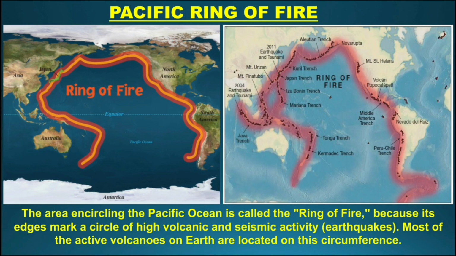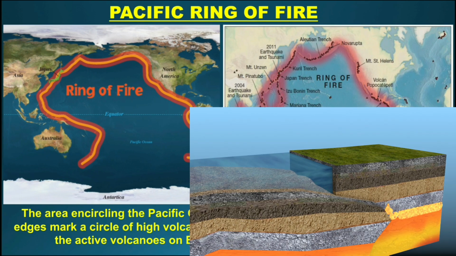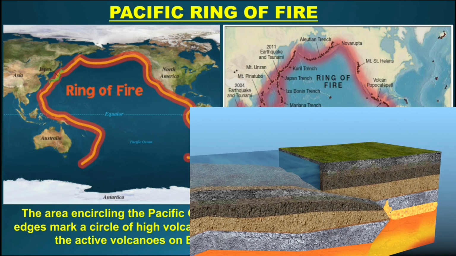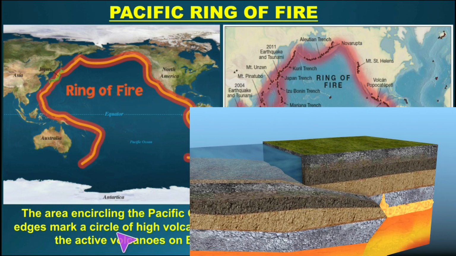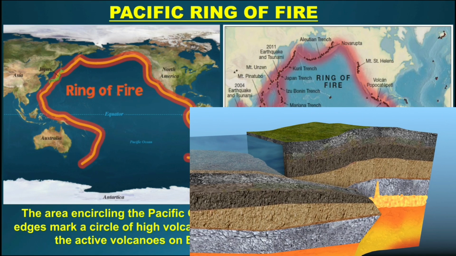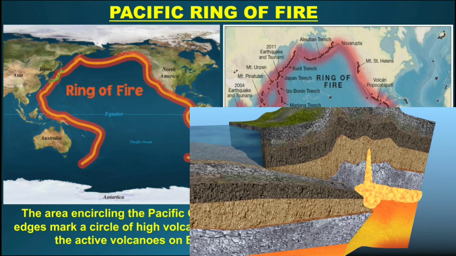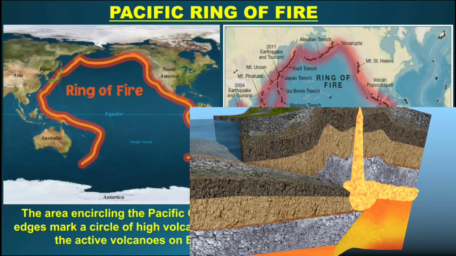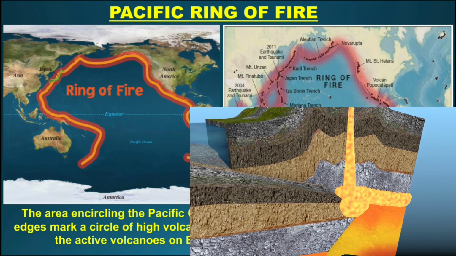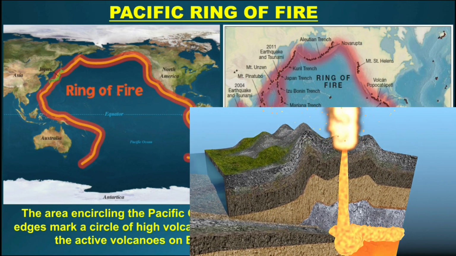Now let us have an idea about the Pacific Ring of Fire. The area encircling the Pacific Ocean is called the Ring of Fire because its edges mark a circle of high volcanic and seismic activity, that is earthquakes. Most of the active volcanoes on the earth are located on these circumferences.